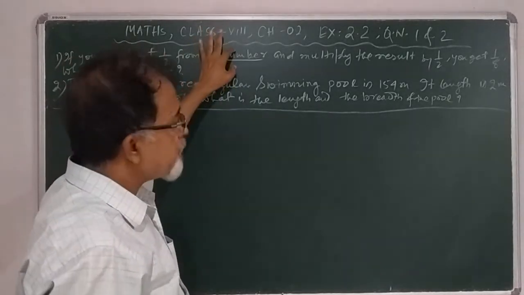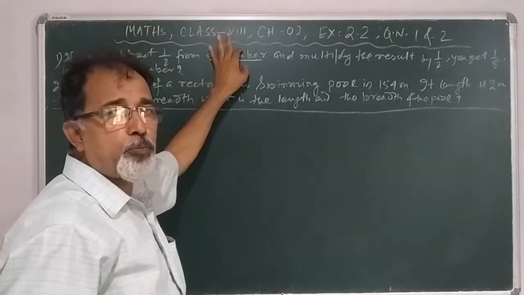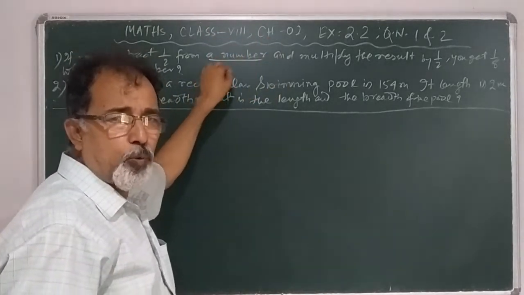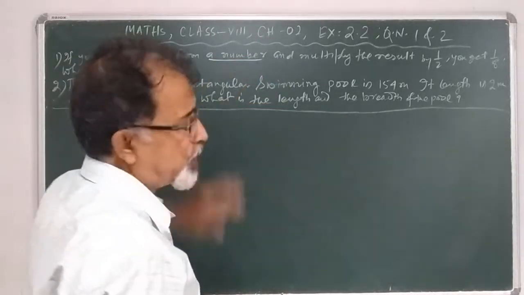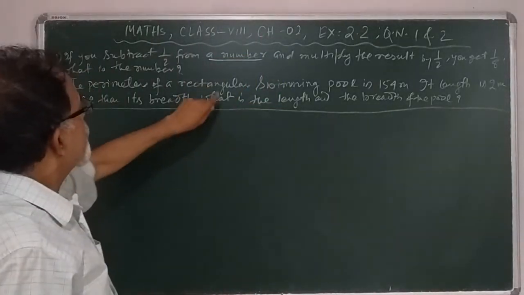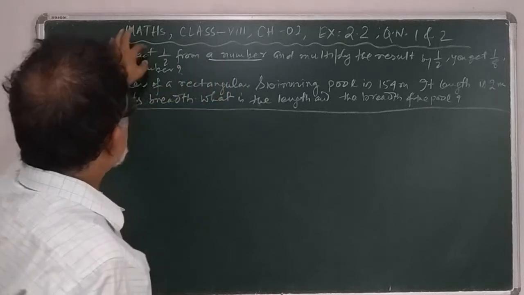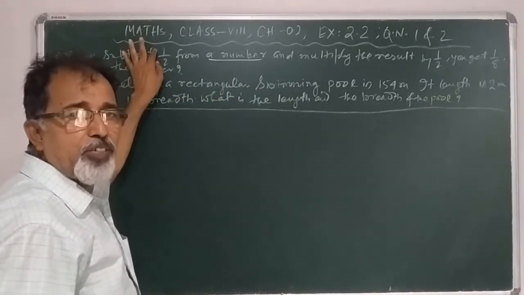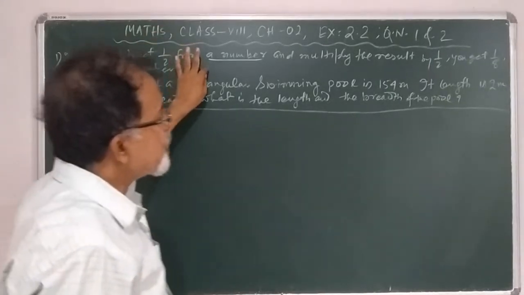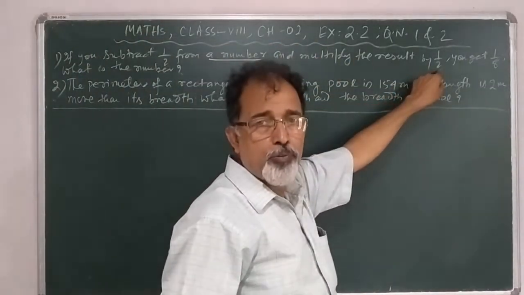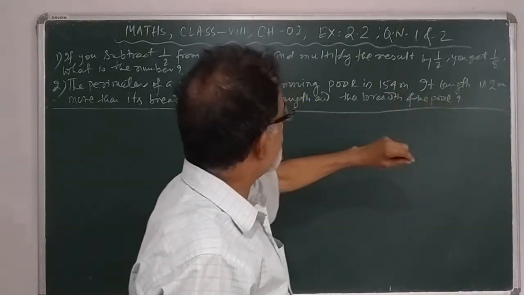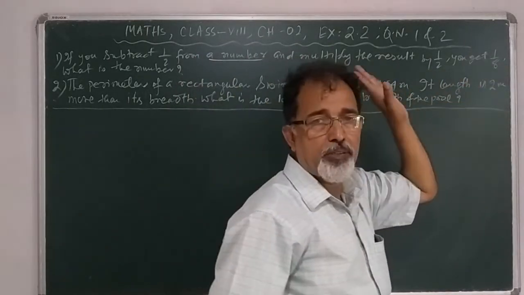And this number will be assumed as X, Y or Z. We can use any one of the 3 letters X, Y or Z. From the number you have to subtract 1 by 2. The result will be X minus 1 by 2. This result will be multiplied by 1 by 2. And the new result will be equal to 1 by 8.